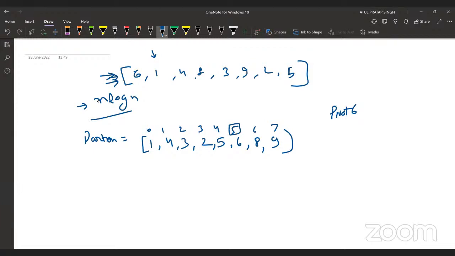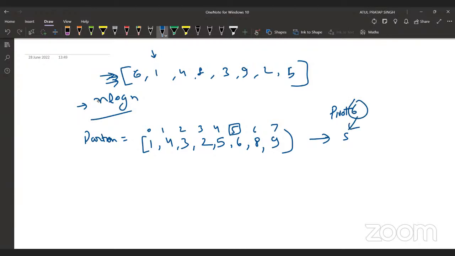If you sort this input list, this 6 will come at the fifth index. So we can say that after completion of the partition process, this 6 came to its actual position. This partition function will return the actual position of the pivot, so it will return the fifth index. This is the position of our pivot 6.